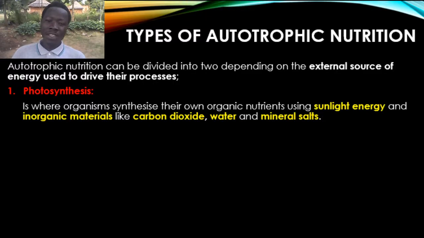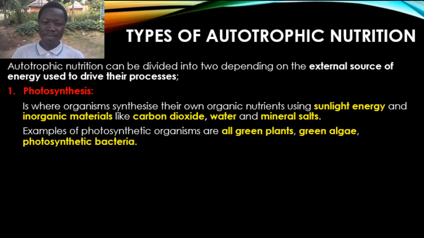So photosynthesis, by definition, is the type of phototrophic nutrition where organisms synthesize their own organic nutrients using sunlight energy. And of course, the inorganic materials are carbon dioxide, water, and mineral salts. Examples of photosynthetic autotrophs are all green plants, the algae, and photosynthetic bacteria.